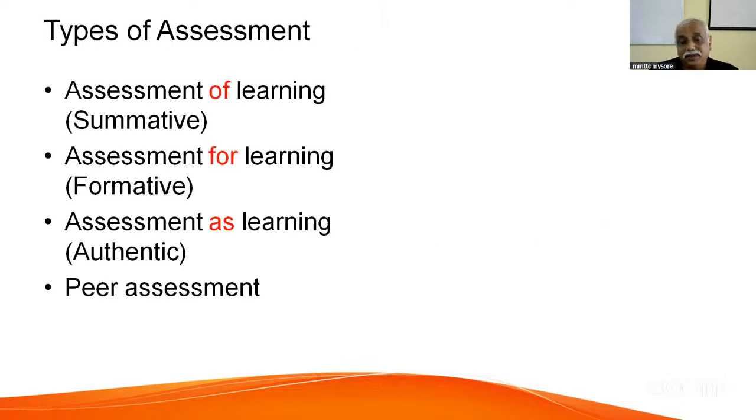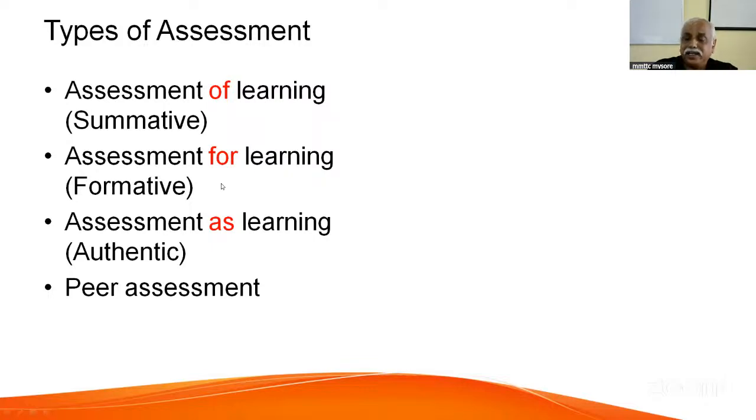Then we have types of assessment. One is assessment of learning, which talks about only the product, and we call that summative assessment. After the learning, if you do any kind of assessment, then we say it is a summative assessment. Then assessment for learning.